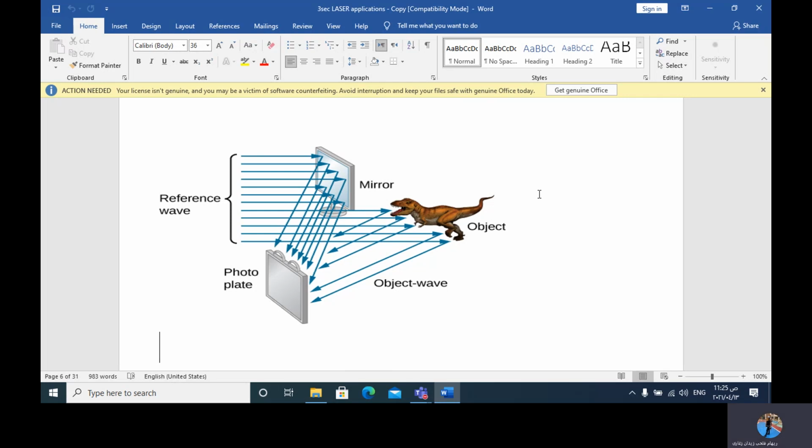So if you look at the diagram here, this is a toy of a lizard or dinosaur toy.